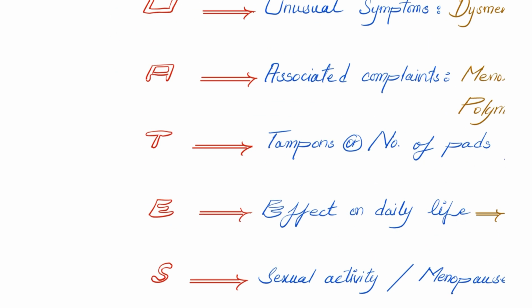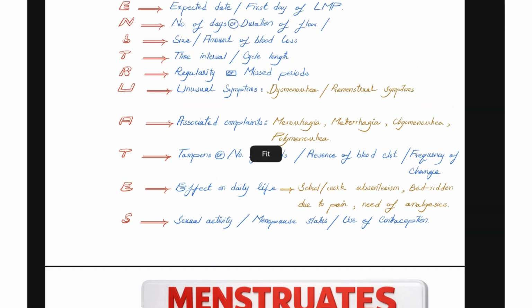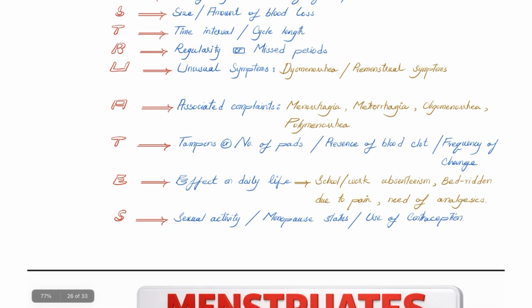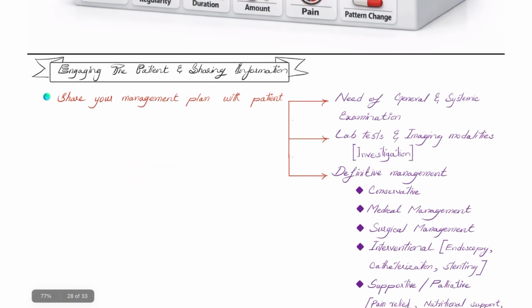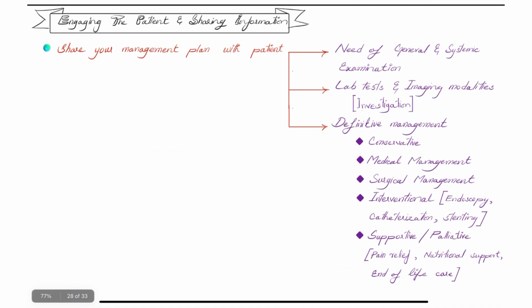So we learned all 11 components of history taking. Now, imagine that you have taken a thorough history and made a management plan. You need to engage the patient and share your management plan, like need of general and systemic examination or some required investigations, which can be lab tests or imaging modalities.